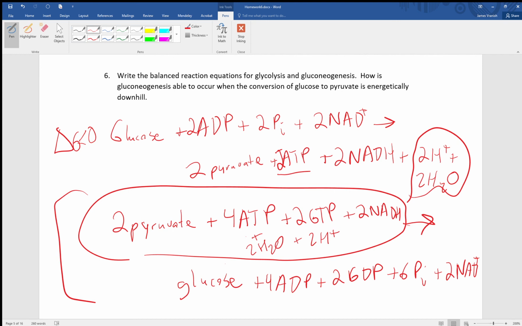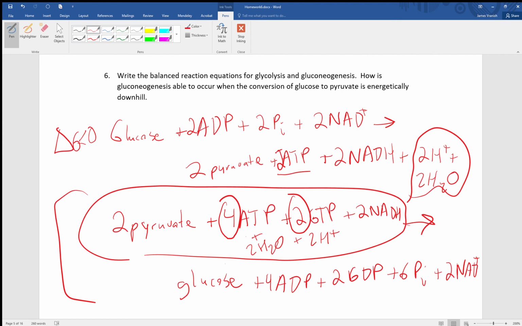But what we do instead is use extra energy in the form of extra ATPs and these extra GTPs that are not present in glycolysis. As a result, there's now more energy being put into the reverse reaction, which allows gluconeogenesis to also be thermodynamically favorable.